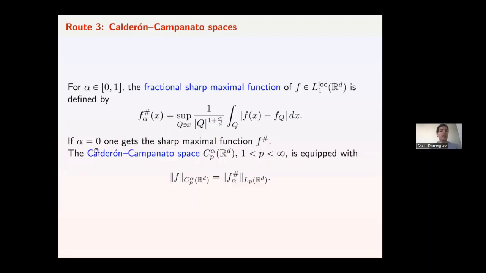In the special case that alpha is equal to 0 in this definition, one recovers the classical sharp maximal function by Fefferman-Stein. And with the help of these maximal functions, one can introduce the so-called Calderón-Campanato spaces, C^{alpha,p}, with smoothness alpha and integrability p. These spaces are very useful in harmonic analysis and also in PDEs or in analysis of metric measure spaces.